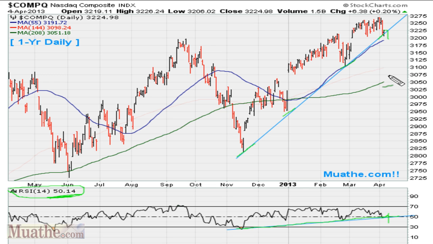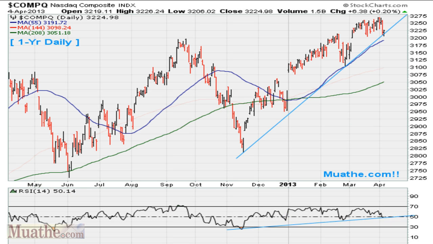Why? Because you know that the market closed with the RSI just above 50, and as you move above or below 50, you get major price swings. For example, even on this chart you see that we had a move above 50 here, which corresponds with this major gap up in the market.